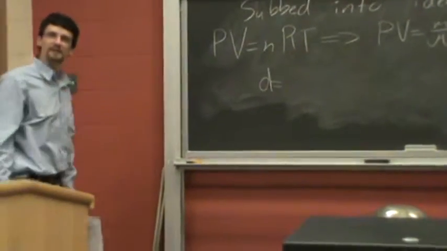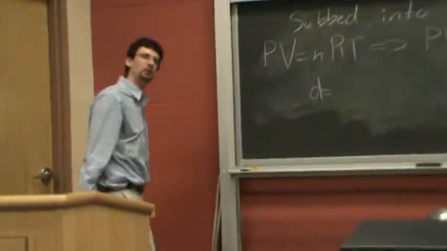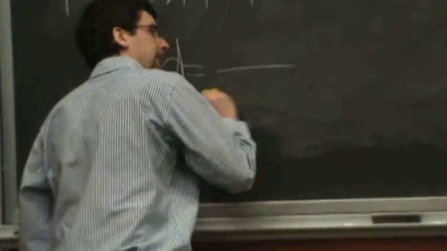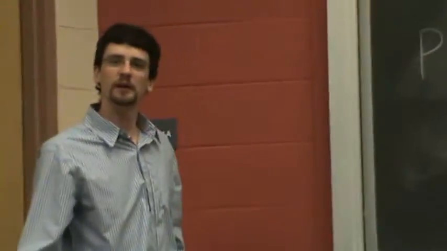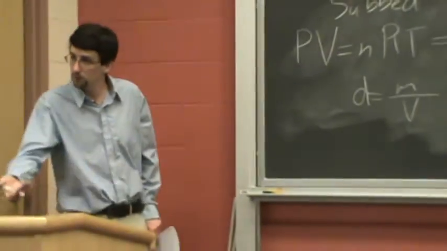I said that we would relate this to density. What's density equal to again? Mass over volume. So how about we manipulate this equation around in order to solve for mass over volume or density?